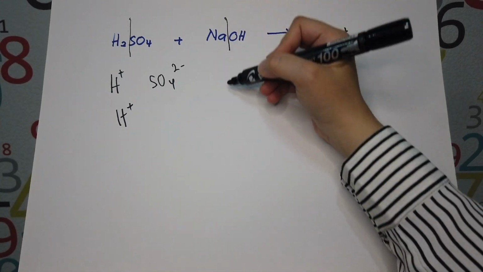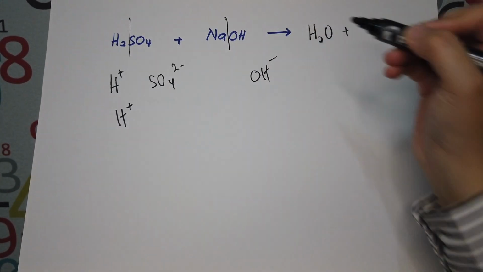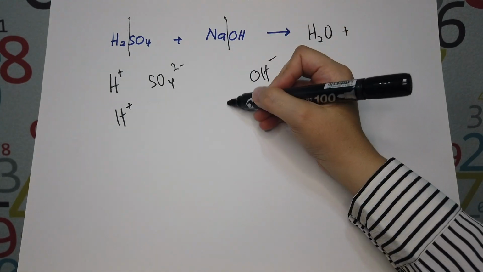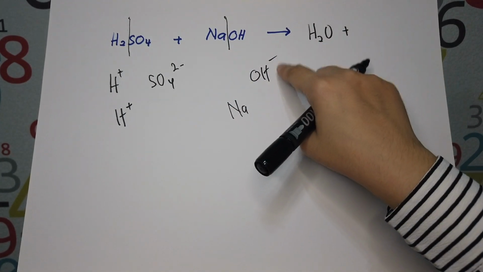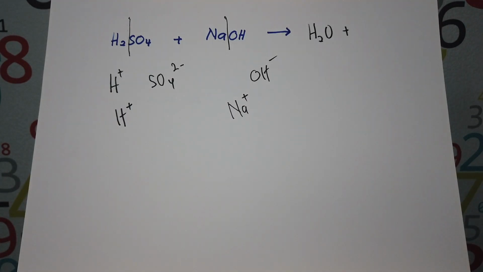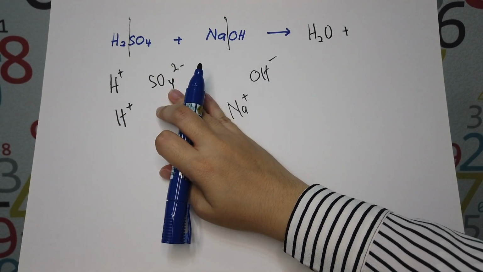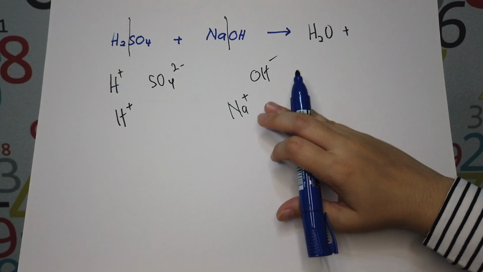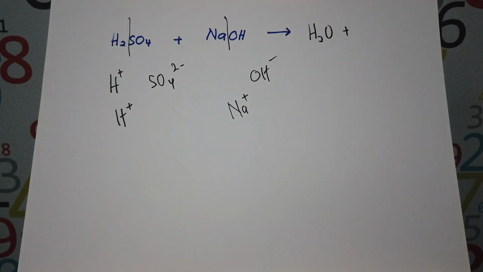For sodium hydroxide, you will have the OH and sodium. If you don't know the charge for sodium, because you only have OH minus, sodium must be plus, right? Because this is ionic bonding, you just need to swap. For example, here you will have H plus and also SO4 2 minus. At first, H and SO4 are linked together, and Na and OH minus are linked together.